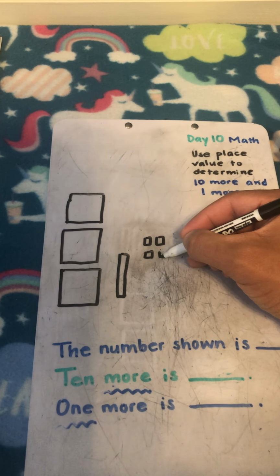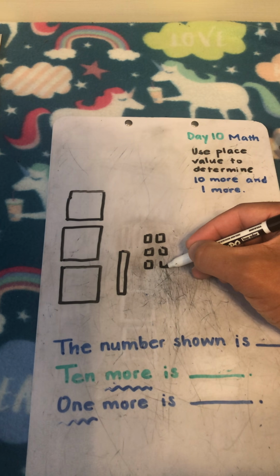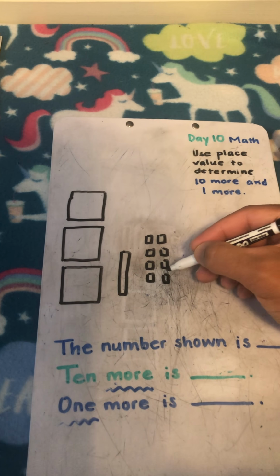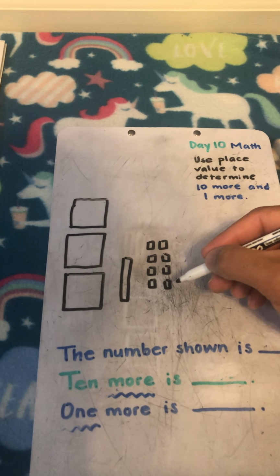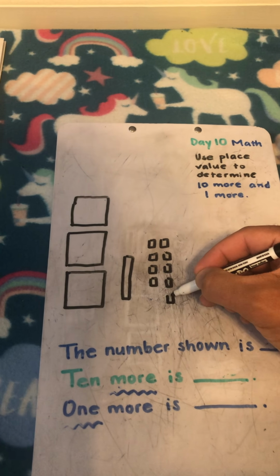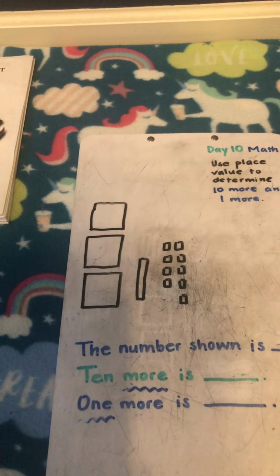Now, when we think about why this skill is important, this is going to be a really great skill to use when we're adding large numbers. By being able to see how place value can help us add numbers quickly, we're going to be very efficient when it comes to adding 3-digit and 2-digit type numbers.